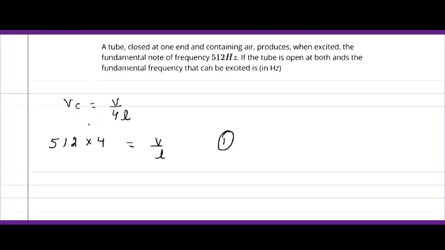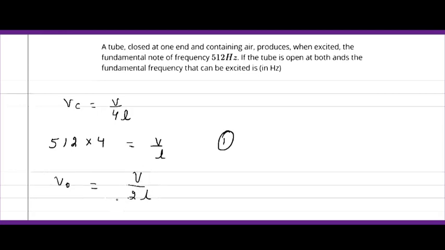Now the fundamental frequency for the tube open at both ends, we can write V naught equals V divided by 2L.